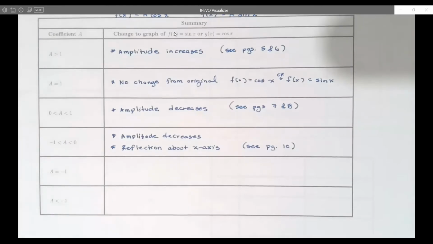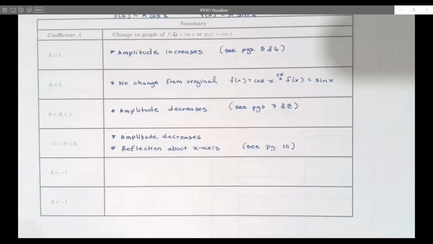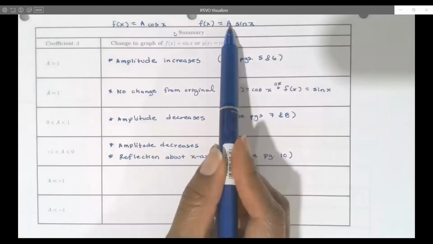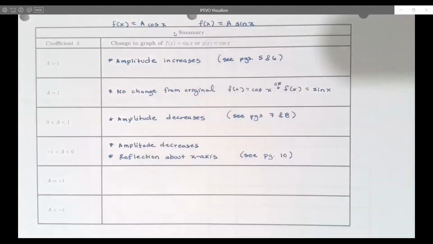What if a is -1 exactly? Like if I have -1 times cosine or -1 times sine, what does that do? Is that no change?